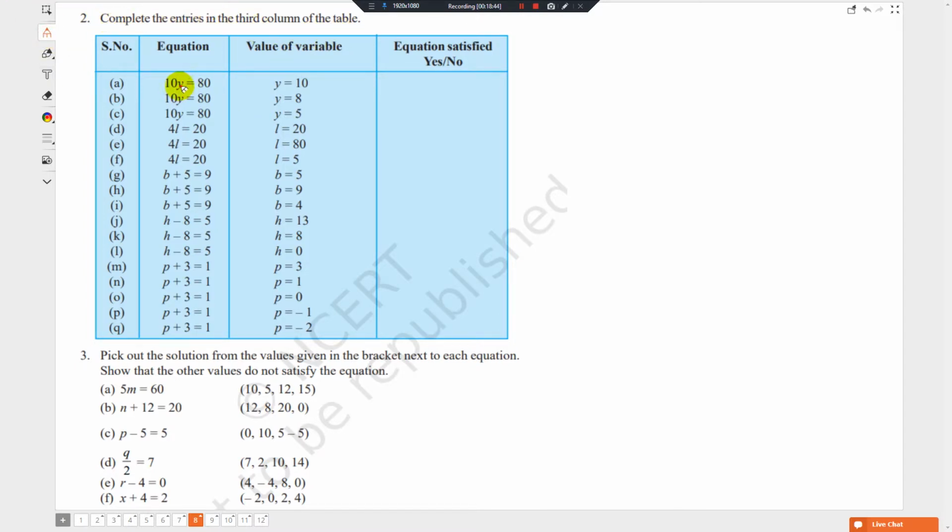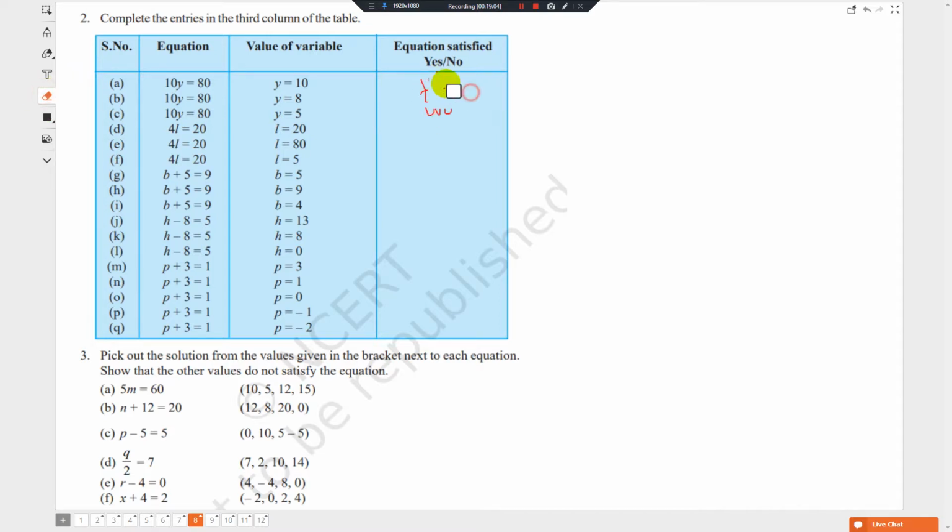Okay. Equation is 10y is equal to 80 and y is equal to 9. No. 10y is equal to 80 and y is equal to 80. Yes. Now 10y is equal to 80. y is equal to 5. No.